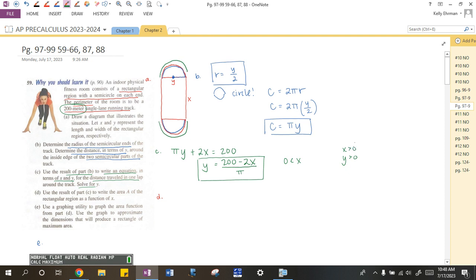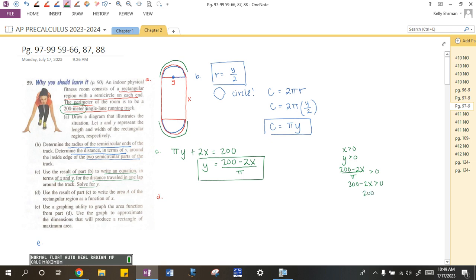Make a list here instead of writing it backwards like that. Okay, x needs to stay greater than 0, y needs to stay greater than 0. Well, what's going to make sure y stays greater than 0? If 200 minus 2x over pi stays greater than 0. The pi doesn't matter here. You can multiply pi to the other side.